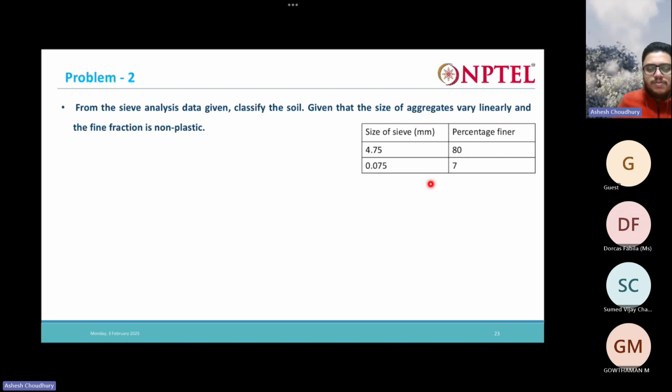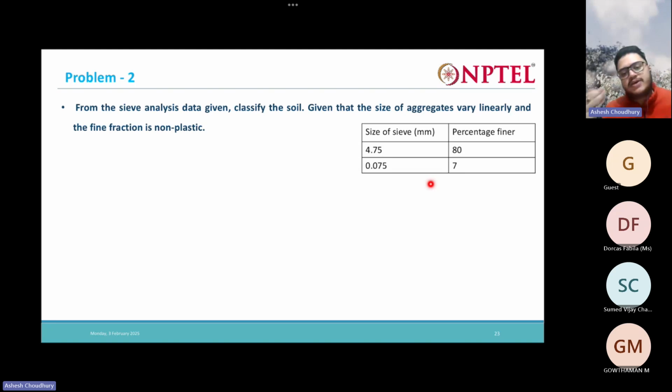First you have to decide whether the soil is fine grained or coarse grained. More than 50% is retained on the 75 micron sieve, 0.075 mm. So definitely the soil is coarse grained, because the percentage finer than 0.075 mm is only 7%. Most of the particle sizes are greater than 0.075 mm.